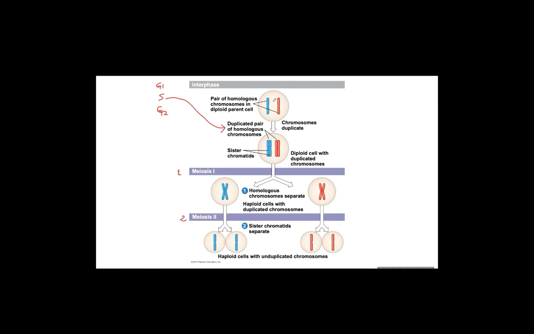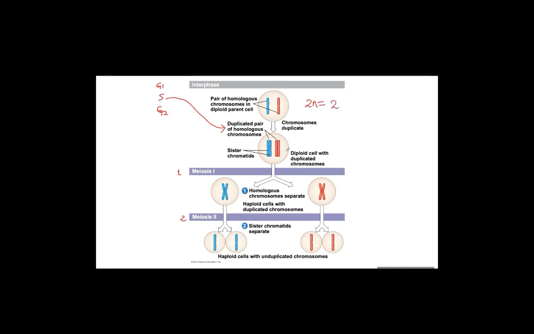Now, look at this cell, how many chromosomes are there? How many chromosomes are there here? If I ask you to write down the chromosome number with diploid notation, 2n equals how many chromosomes? 2. Okay.